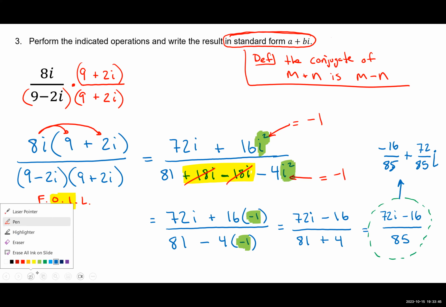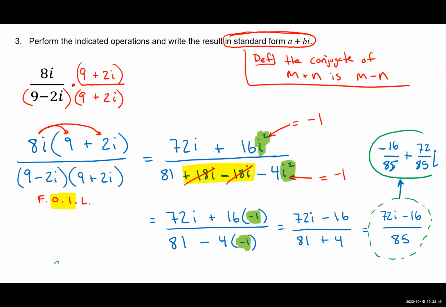Just make sure you're clear on how I jumped from that second to last step to the last step. All we're doing is uncombining the fractions with the common denominator and then putting the number with the i second and the number without the i first.